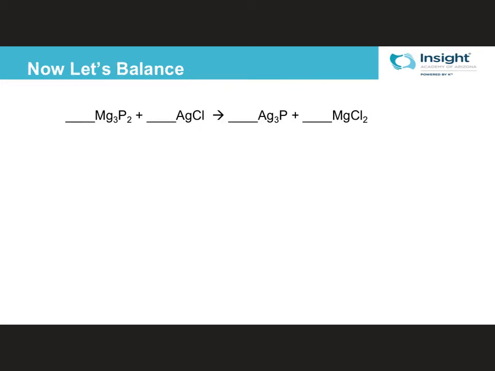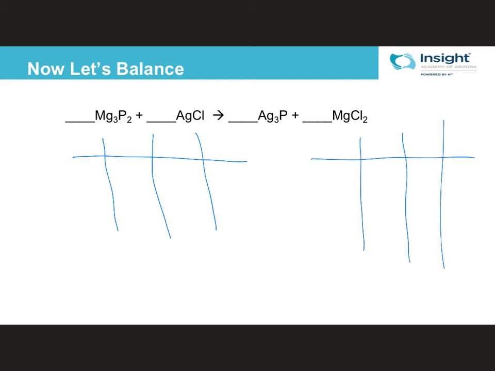These tend to be a little bit trickier on the balancing side. So let's get our chart set up here. I've got 4 things I have to keep track of. All right, so magnesium, phosphorus, silver, and chlorine. I'm going to do that in the same order over here. All right.